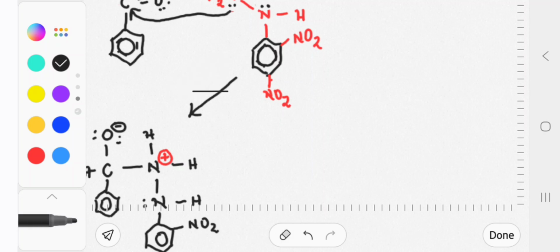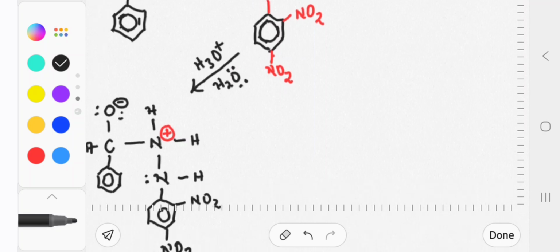Let's write it this way: H3O plus and H2O. And you know, oxygen has this, right? For water, we have two lone pairs of electrons like that, and that is water, right?